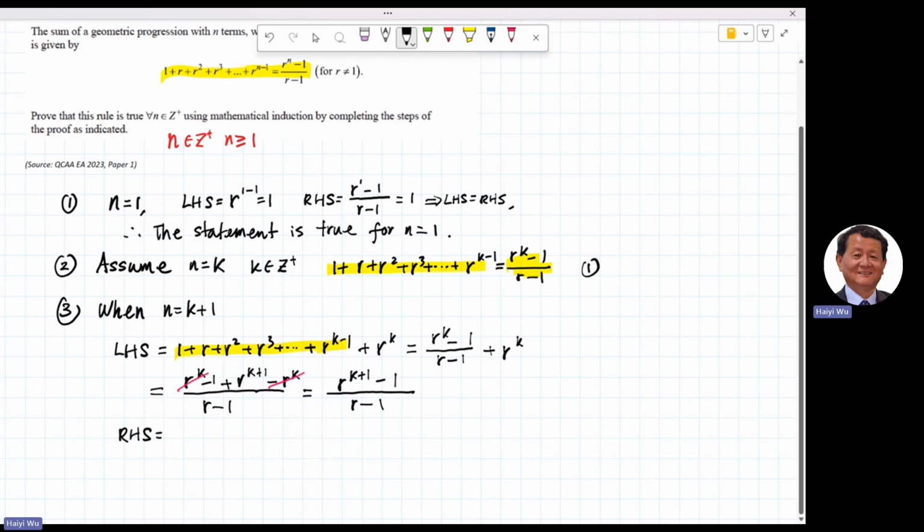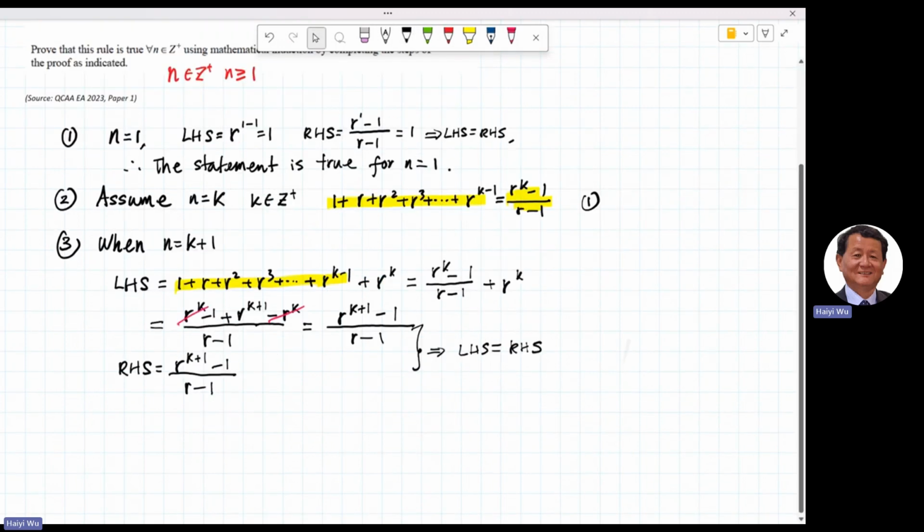For the right-hand side, I arrive at the same conclusion: when you replace n with k plus 1, you get r to the power of k plus 1, which is exactly the same as the left. So we conclude the left equals the right-hand side.